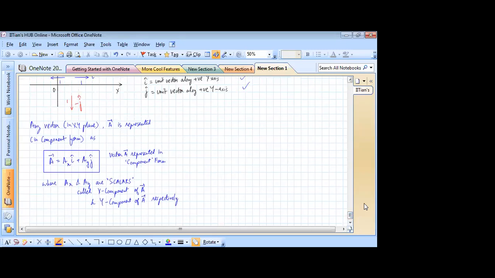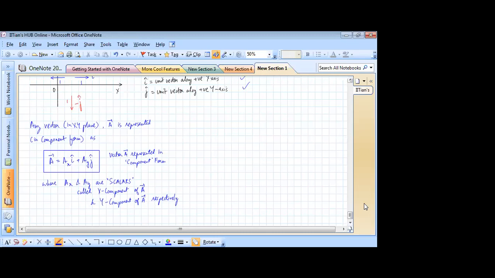Okay. So once you've defined I cap and J cap, any vector is just written as some number Ex into I cap plus some number Ey into J cap, where those two numbers Ex and Ey, which are basically scalar quantities, are called the components of the vector, the x component and the y component respectively.